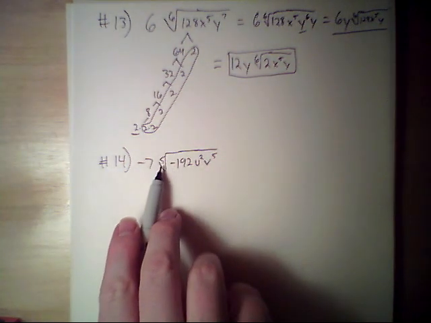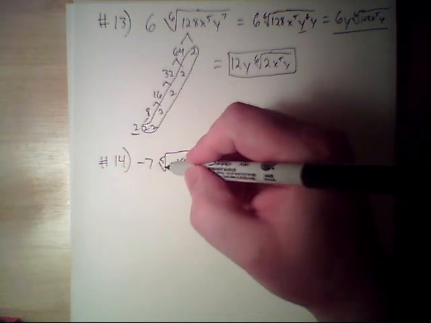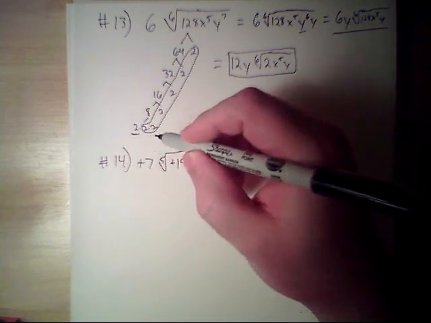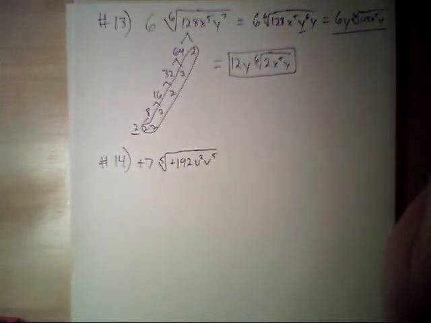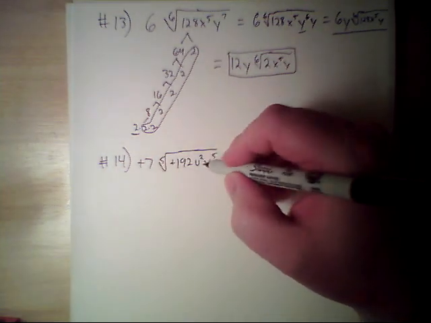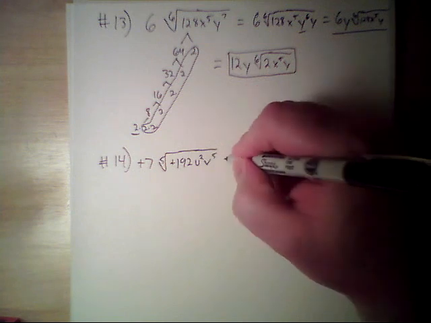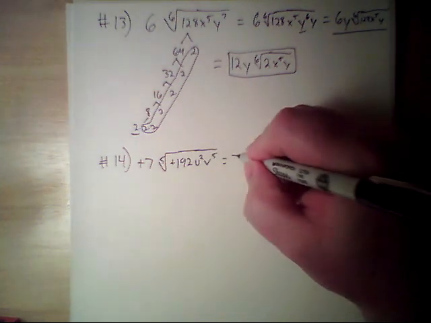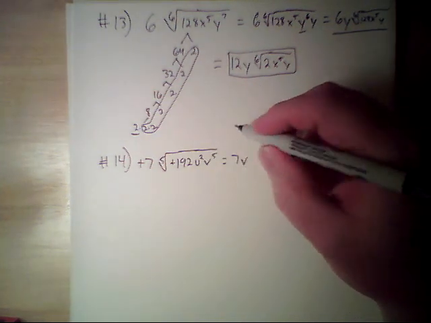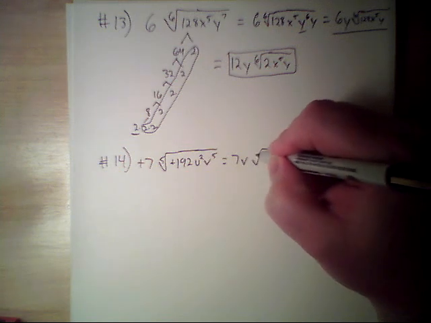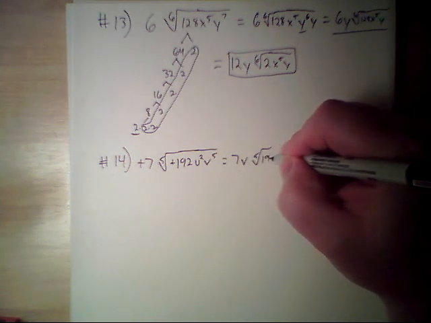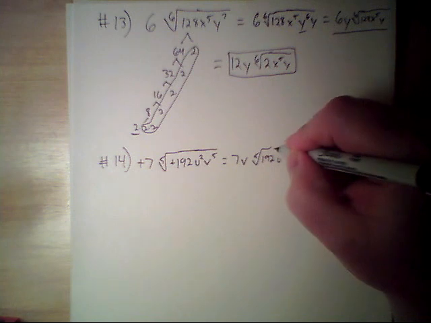Remember, if we have a negative inside of an odd root, that negative can just come out. So this will just be a positive 192. Negative 1 times 7 is just going to be a positive 7, so it kind of wipes it out, right? So that v can come out. So we're going to have 7v times the 5th root of 192 u squared.